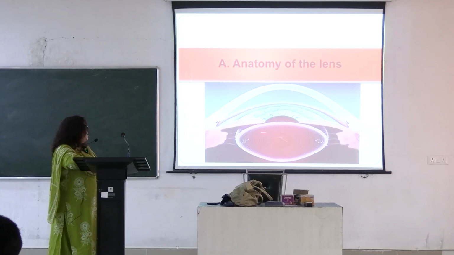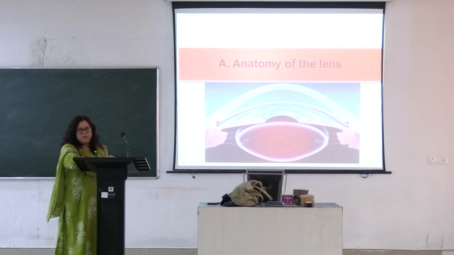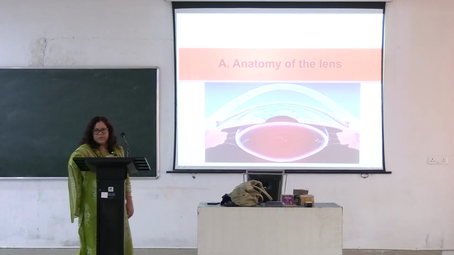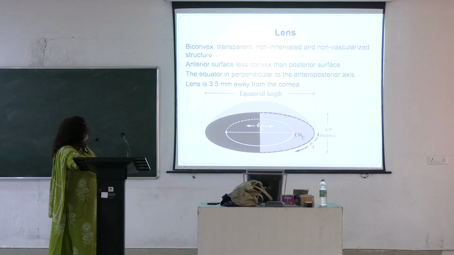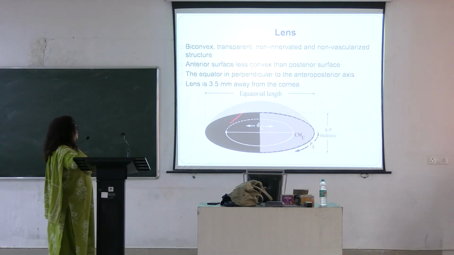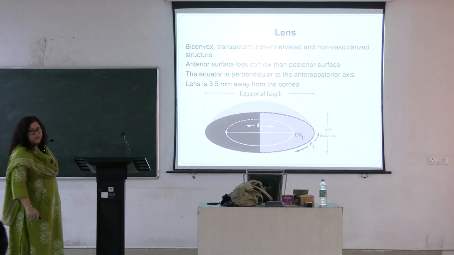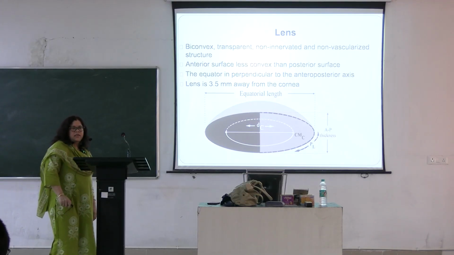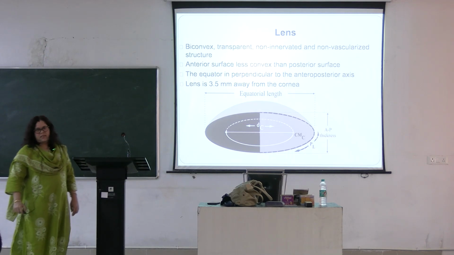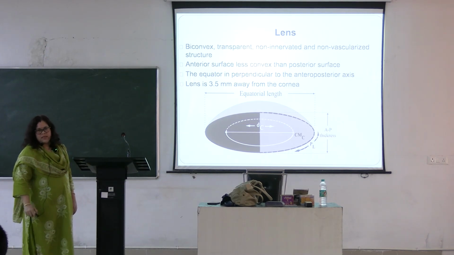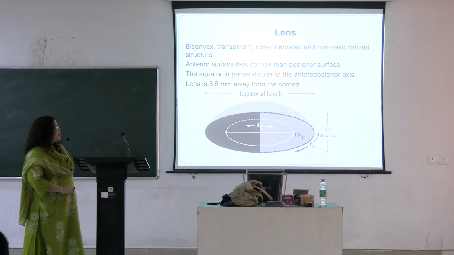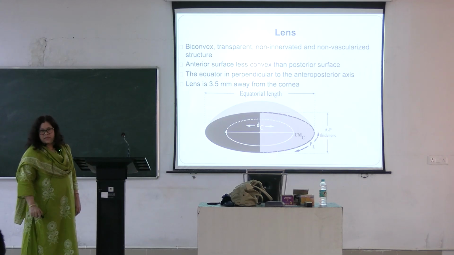Cortex is the newer fibers, and the central nucleus is the oldest lens fibers. We describe the lens: it is a biconvex, transparent, non-innervated and non-vascularized structure. Non-vascularized means it is an avascular structure. There is no blood supply, and non-innervated means there is no nerve supply.